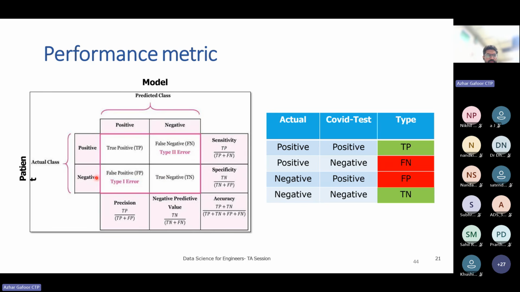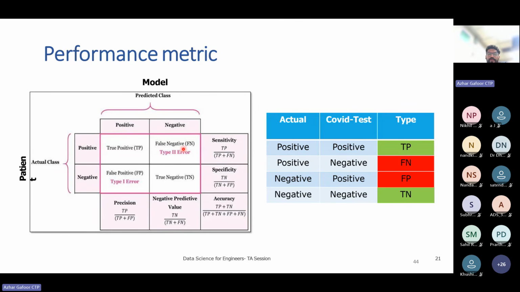If an actual negative is predicted as positive, it is called a false positive. Similarly, if an actual positive is predicted as negative, it is a false negative. Can you think of a situation where a false negative can be highly dangerous?